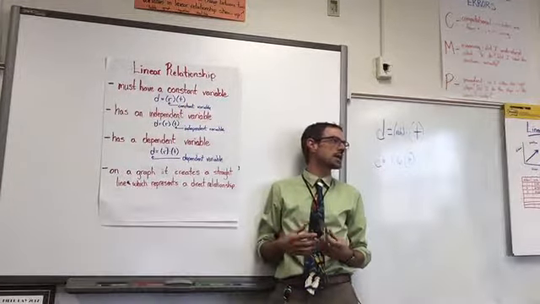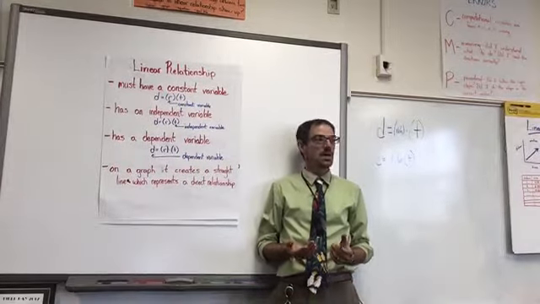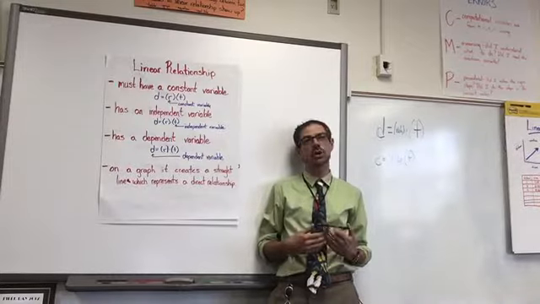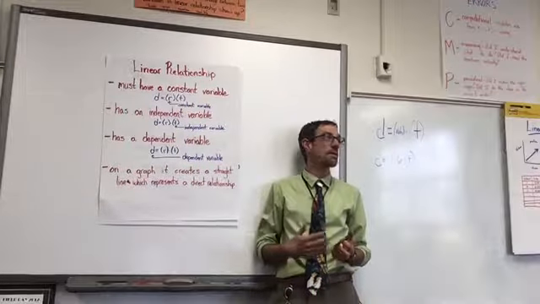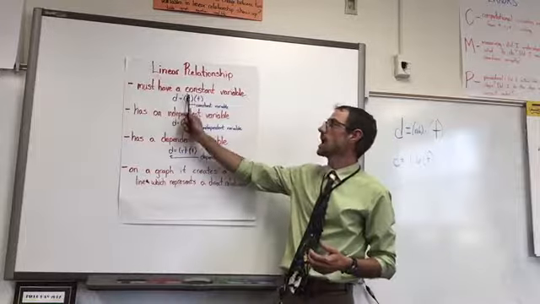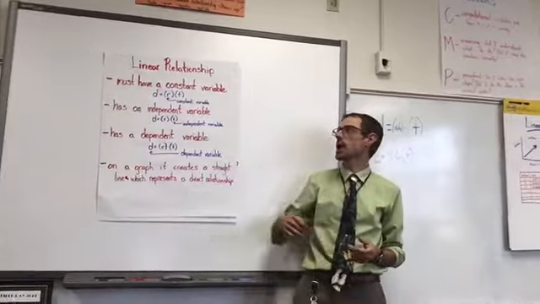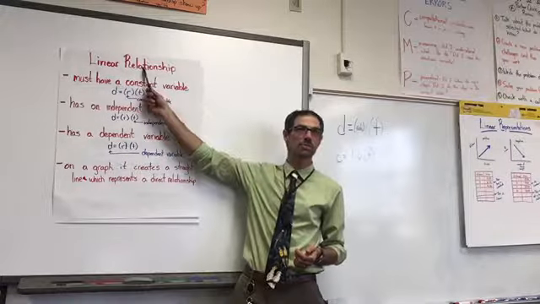If you know something has a linear relationship, that means there's a pattern. And with a pattern, you have something called a constant that makes it a pattern. Here, I'm showing you with a basic equation, you're going to have these three things with a linear relationship.